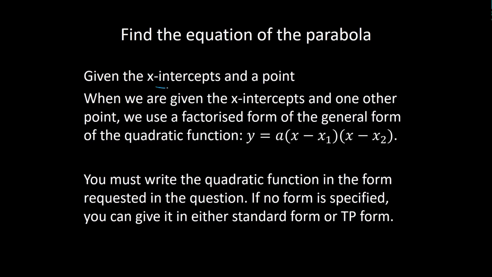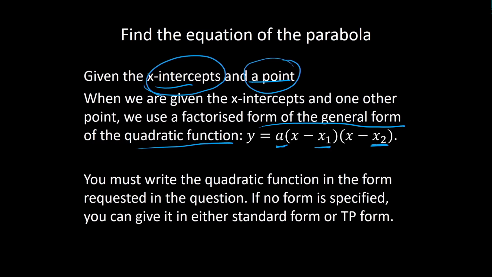So what do you do if you are given the x-intercepts and a point and asked to find the equation? We use what we call the factorised form of the quadratic function: y is equal to a times (x minus x1) times (x minus x2). x1 and x2 are the values of the x-intercepts that you were given. To find the value of a, you substitute the other point you've been given.